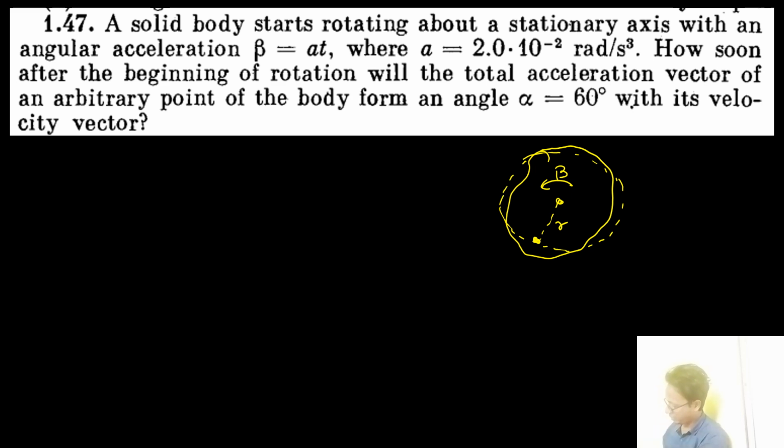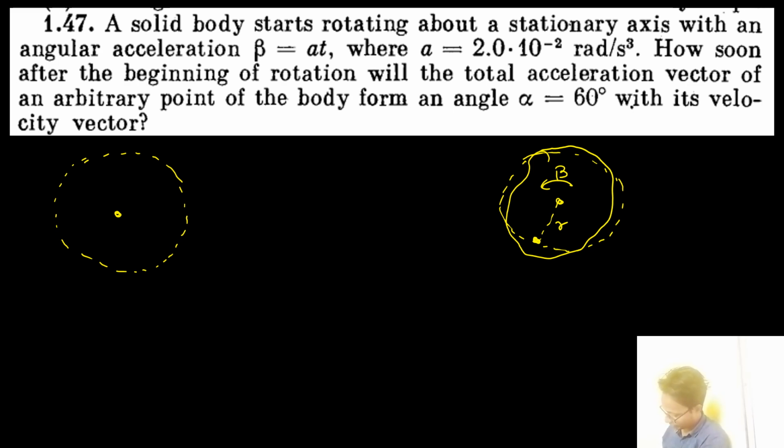Now let's draw this circular motion here. This is the axis of rotation. This is the path traced by the point, where the body is moving with angular acceleration b. Now suppose after the start of motion, the point is somewhere around here.